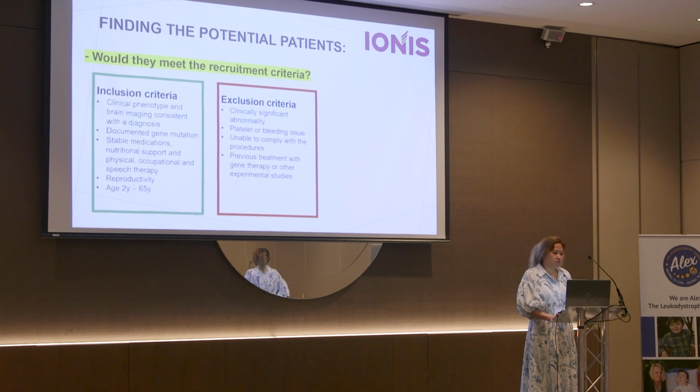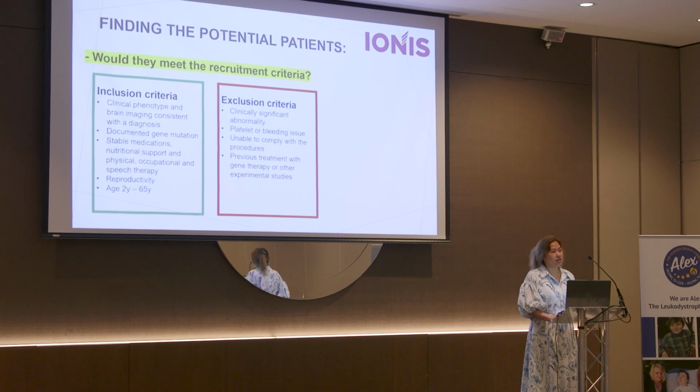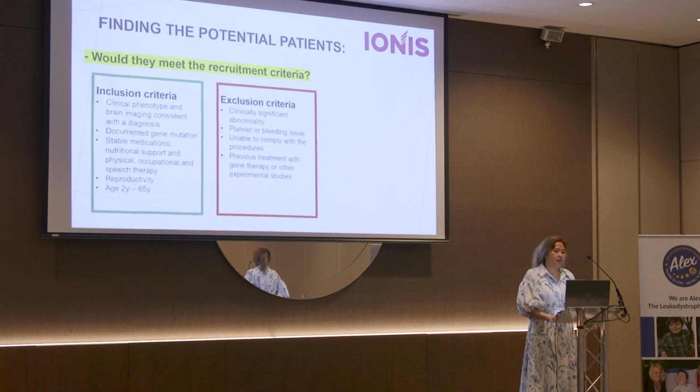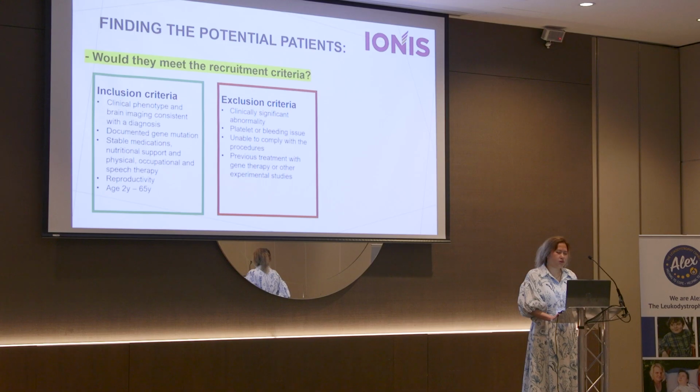Also, an important one: unable to comply with the procedures, i.e. if the child is not able to do blood tests quite regularly because they are combative or for whatever reason, then they are excluded. And if they were treated or recruited for other therapies or trials, then they will also be excluded.